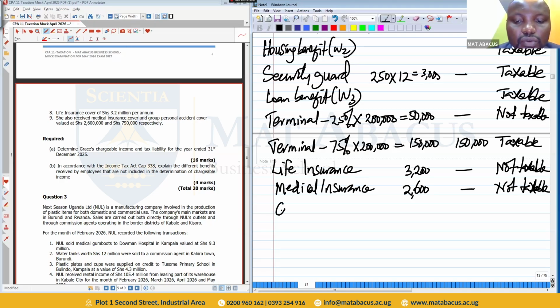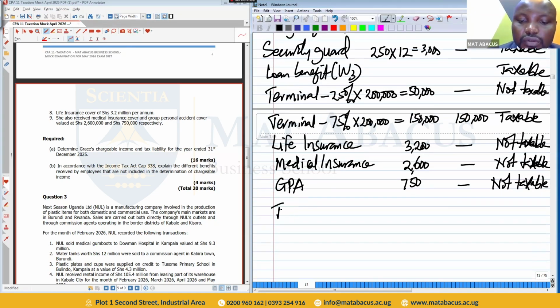Then there is group personal accident, GPA, valued at 750,000. This one is also not taxable in accordance with Section 19 of the Income Tax Act. So those are the benefits.